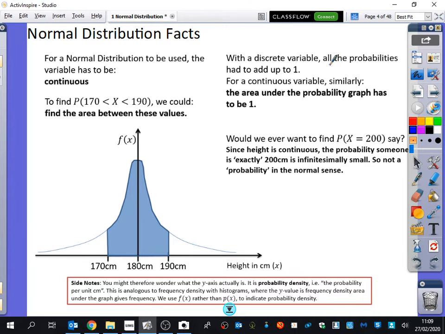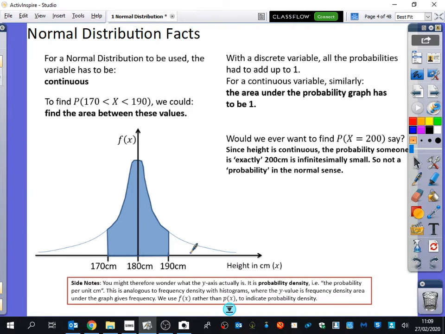We knew that all of the probabilities of something occurring had to add up to 1. So for this continuous variable, we similarly want the area underneath this graph to be 1. It's the same kind of idea, apart from now we're thinking about the amount of area under this graph.